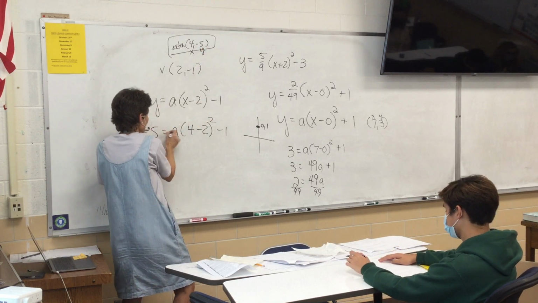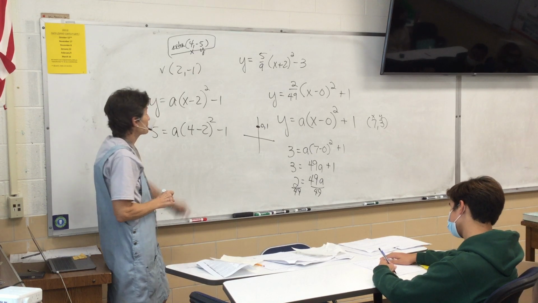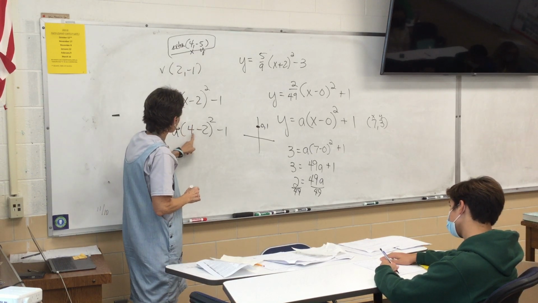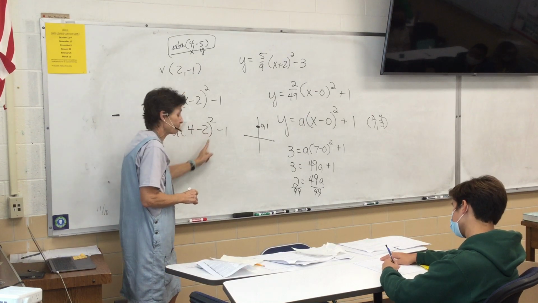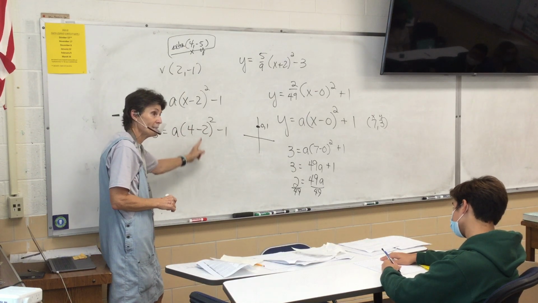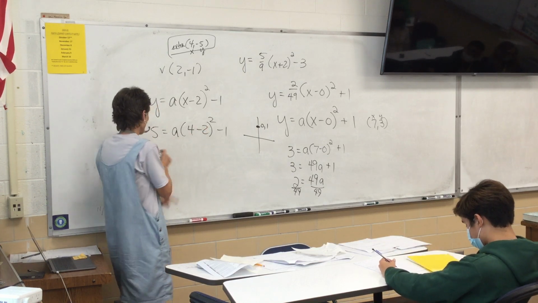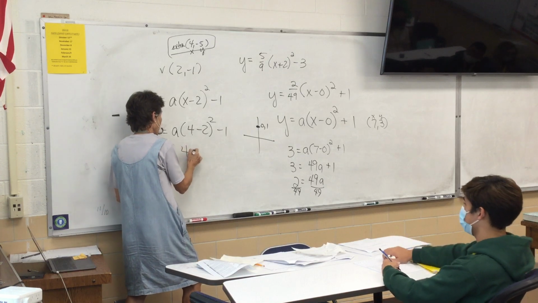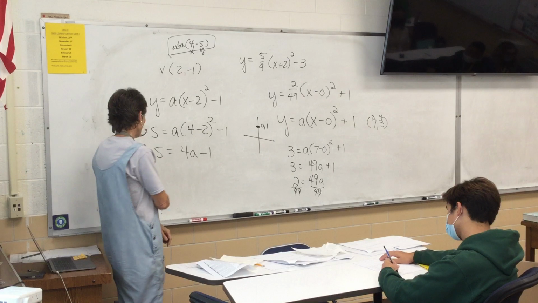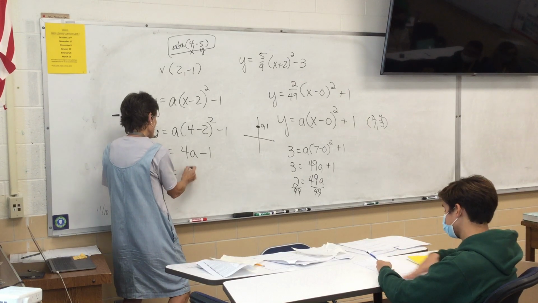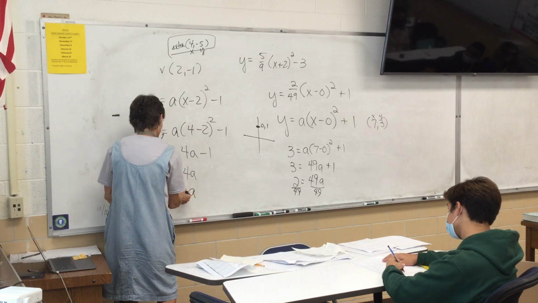So you're going to put negative 5 in for Y. So X goes in for X. Y goes in for Y. Now, what's 4 minus 2, PEMDAS? 2 squared. So this is 4a. Negative 5 equals 4a minus 1. Add the 1, so negative 4 equals 4a. And a is negative 1.